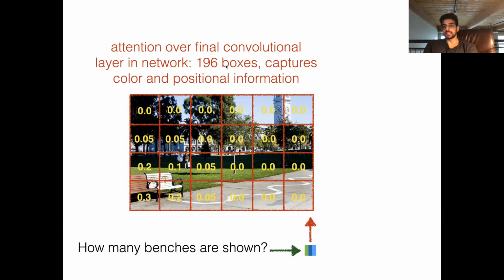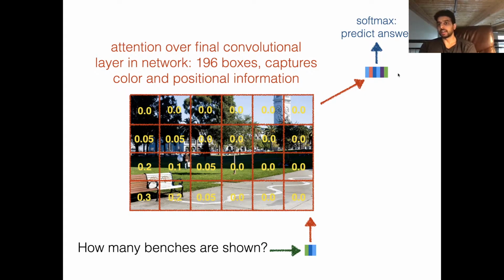In practice, at least one implementation did the attention over 196 of these regions, not just 24 like I've shown here. Once you have this, you can take a weighted average of the region-level vectors using the attention probabilities as your weights. You get a single vector as output for the image, and then you get the answer from this, or you can concatenate it with your question vector and try to predict the answer that way. Either way, you're getting an image representation through this process.